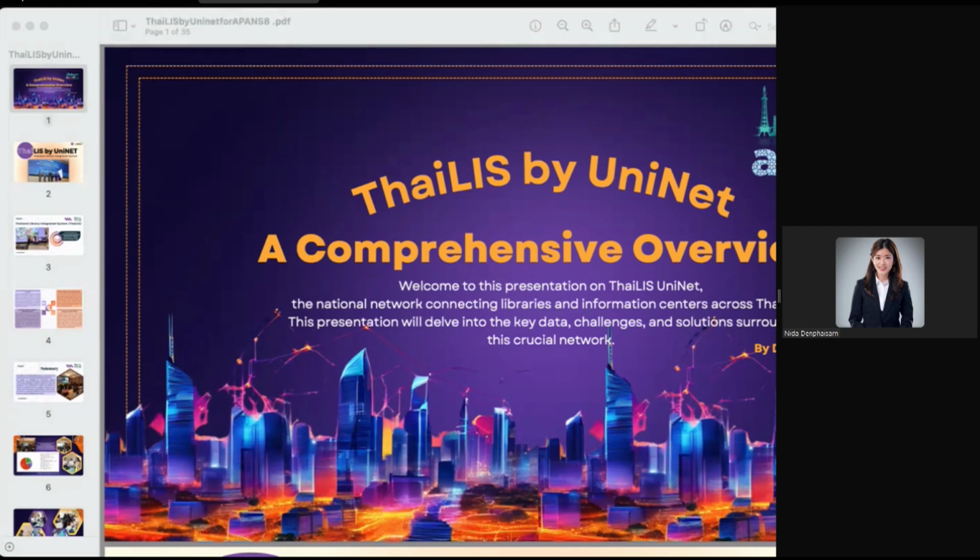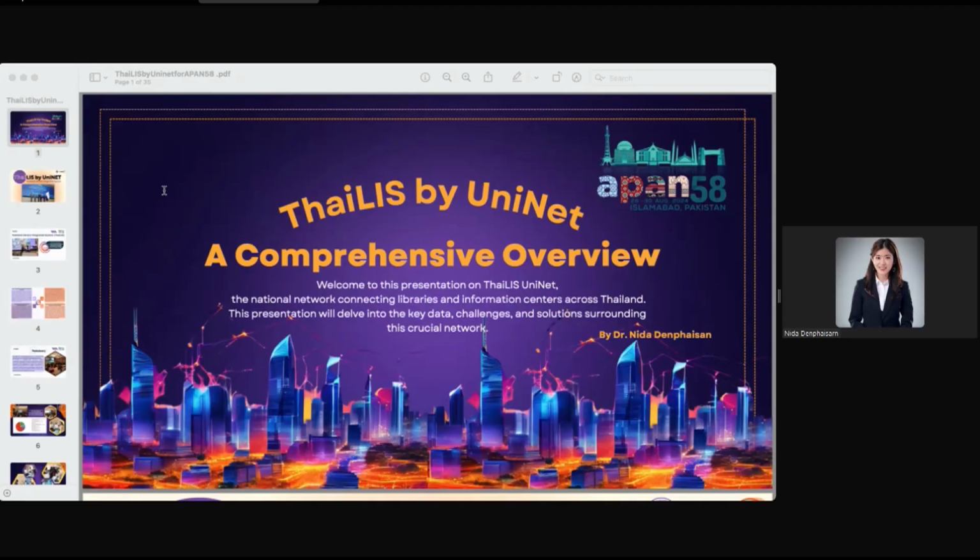As part of ThaiLIS, Thai Library Integrated System by Uninet, we have long been committed to enhancing the accessibility, efficiency, and quality of library service. ThaiLIS stands for a vision of creating a dynamic and interconnected network of knowledge where resources are seamlessly shared and bring the academic community together.